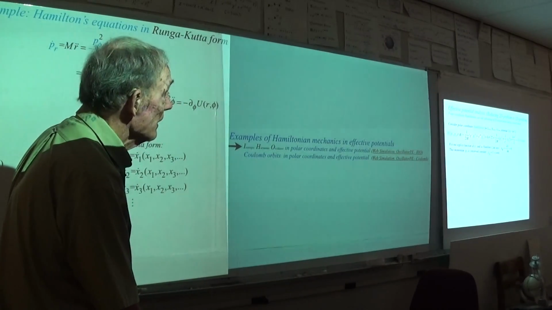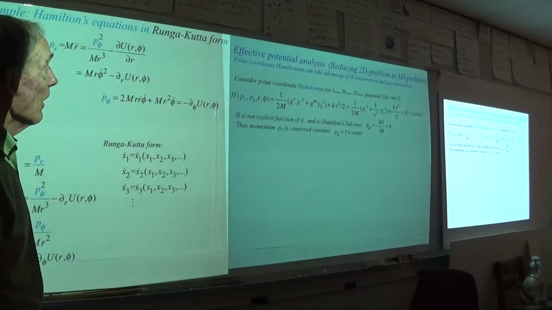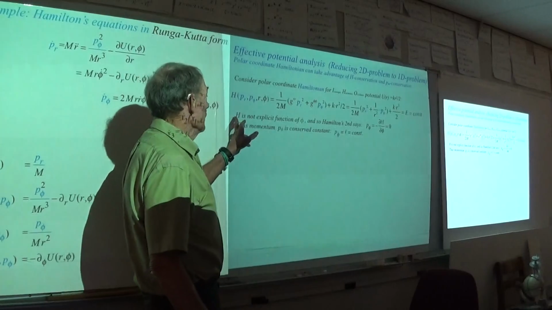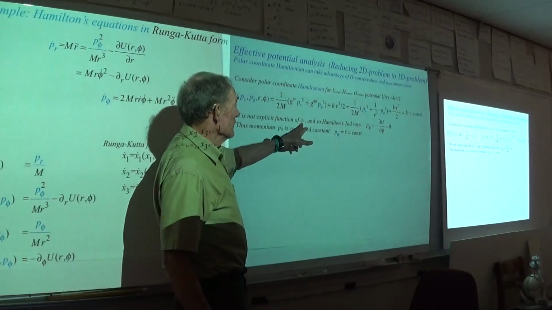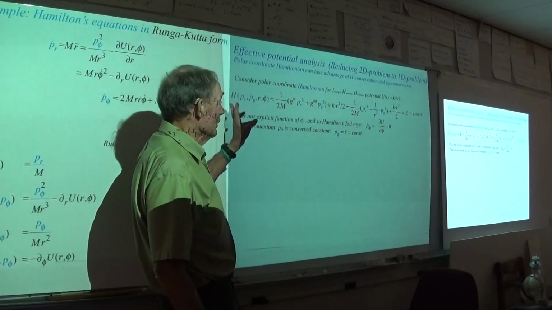Okay? And the reason it works is because of conservation. First of all, if H is not an explicit function of phi, and this would be true for Lagrangian too, but here we get to make use of it.